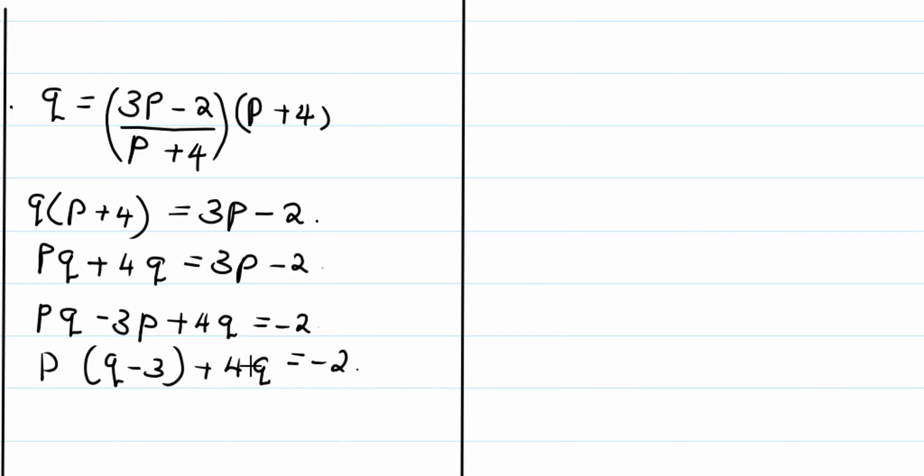So from here I can take this 4q on the other side, so it will be p into q minus 3 is equal to negative 2, this one here, then minus 4q, because here it was positive, on the other side it will be negative, so minus 4q. But you see, we only need p. p should not have another value.